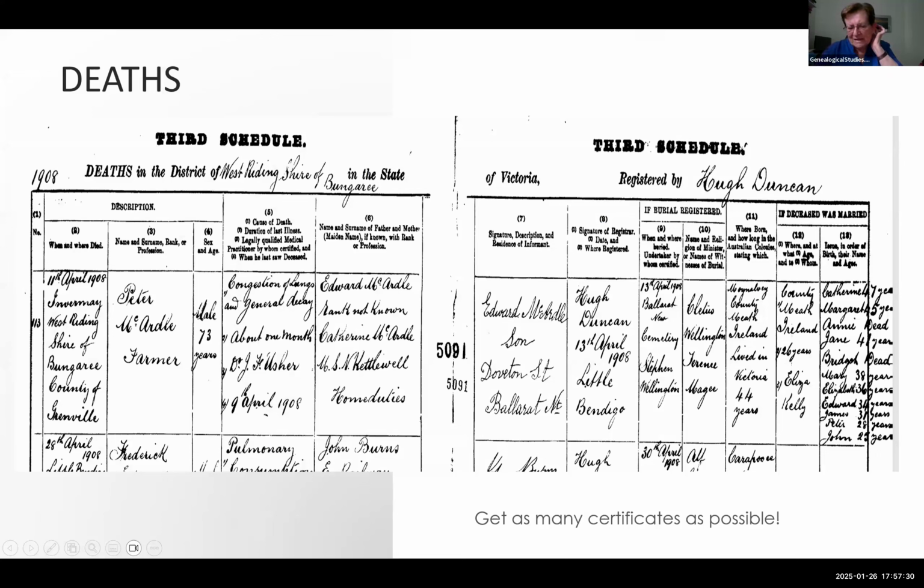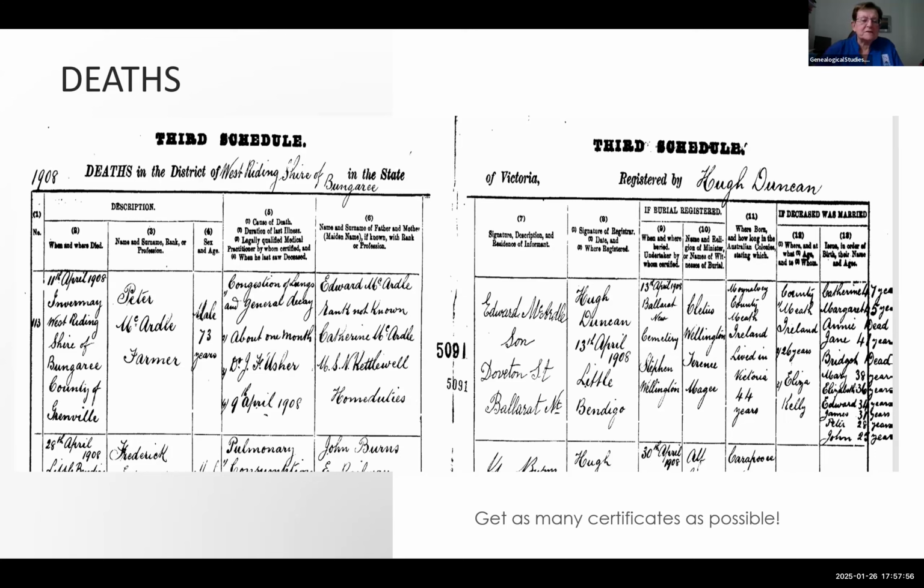I've put this certificate up to show you just how much information can be gained from a death certificate. This was a death certificate from Victoria, and it was one of a series of 5 on the page. I've just enlarged it all for you here so that you can read some of the writing.